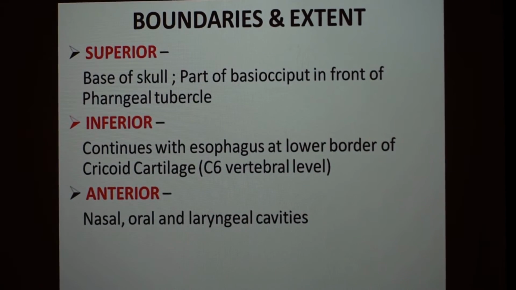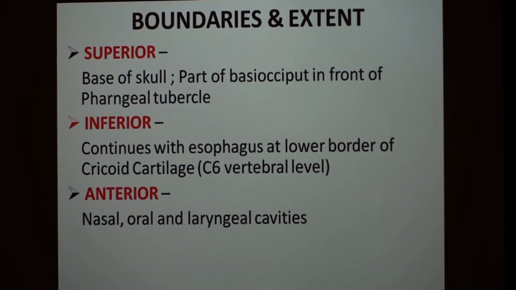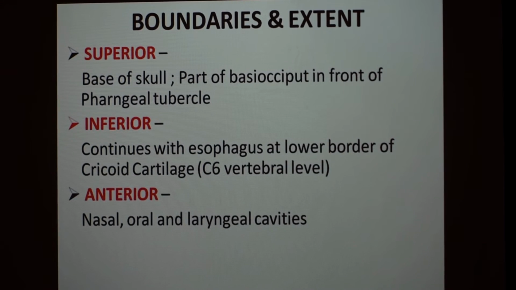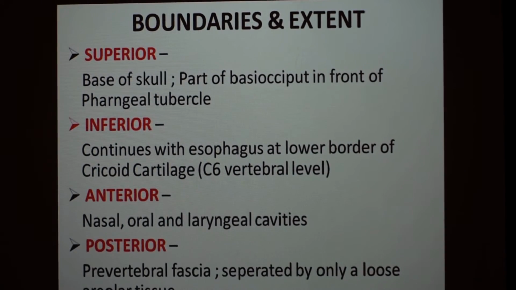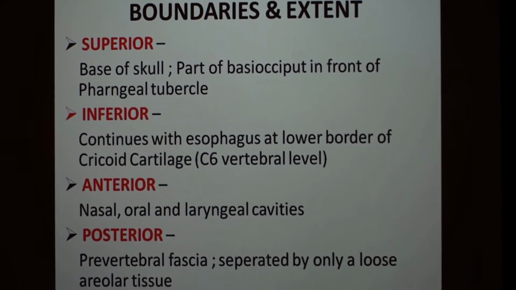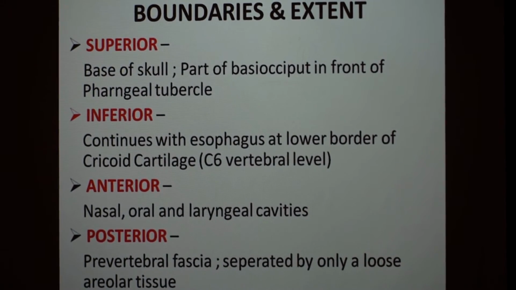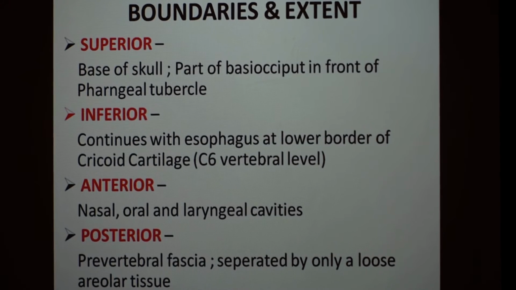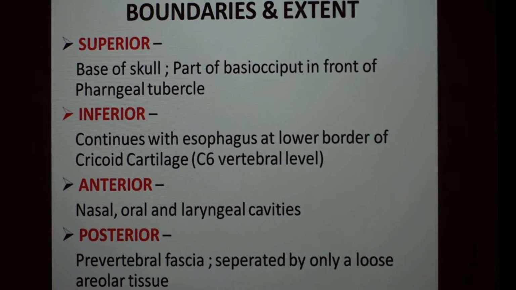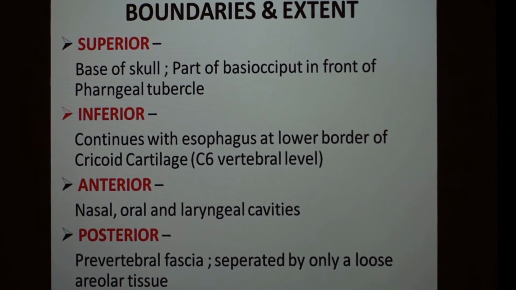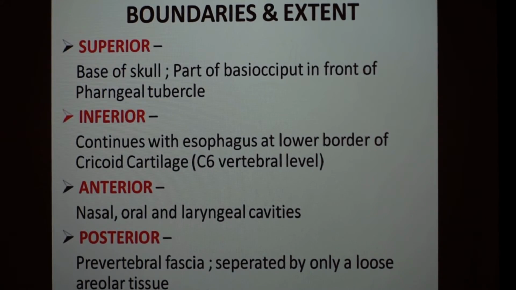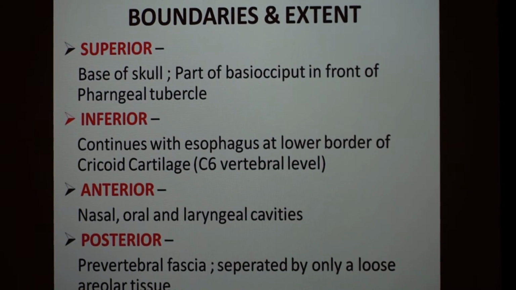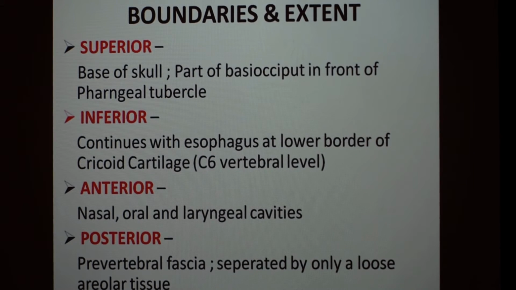Anteriorly, it is continuing with the nasal cavity, oral cavity and also the laryngeal cavities. Posteriorly, it is lying over the prevertebral fascia, separated by only loose areolar connective tissue. So that is about the anterior, posterior, superior and inferior boundaries or the extent of the pharynx.